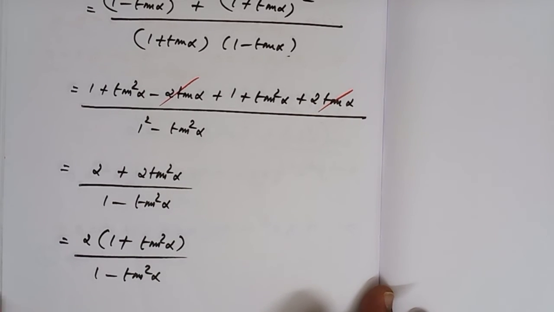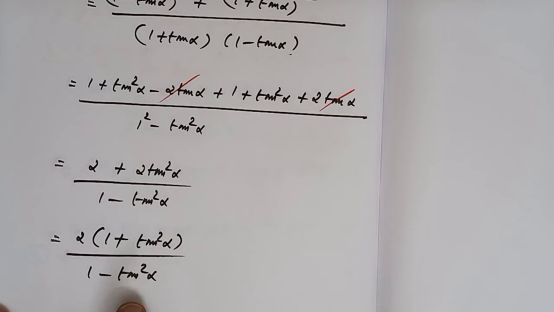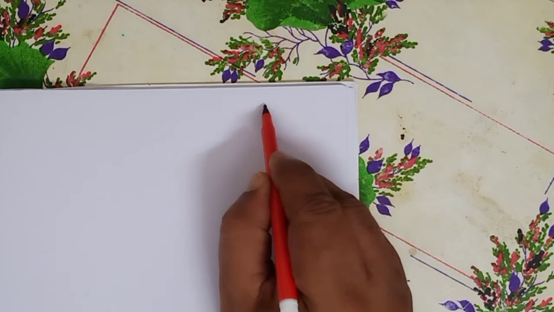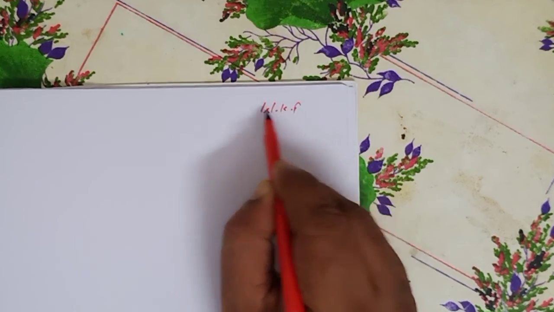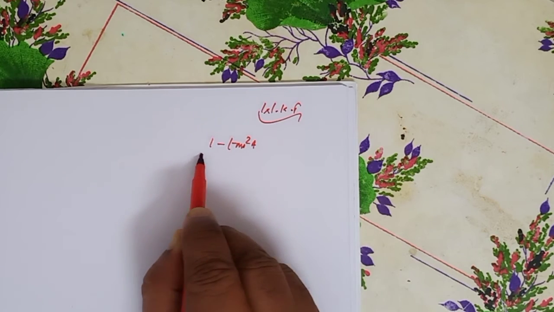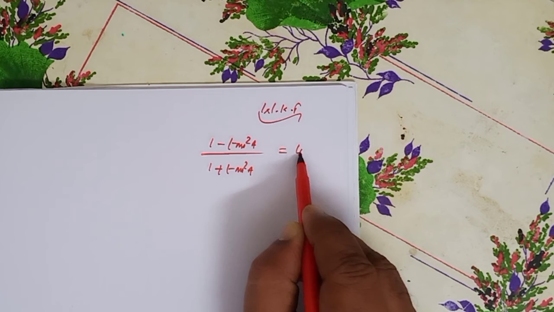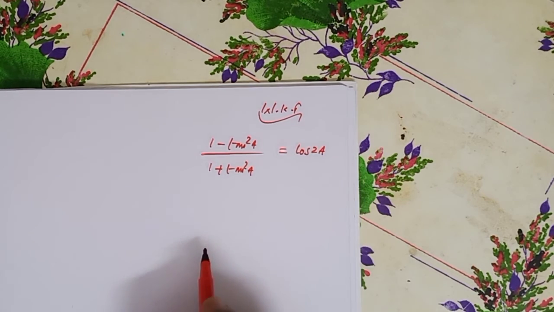We know that (1 − tan² a)/(1 + tan² a) is equal to cos 2a.